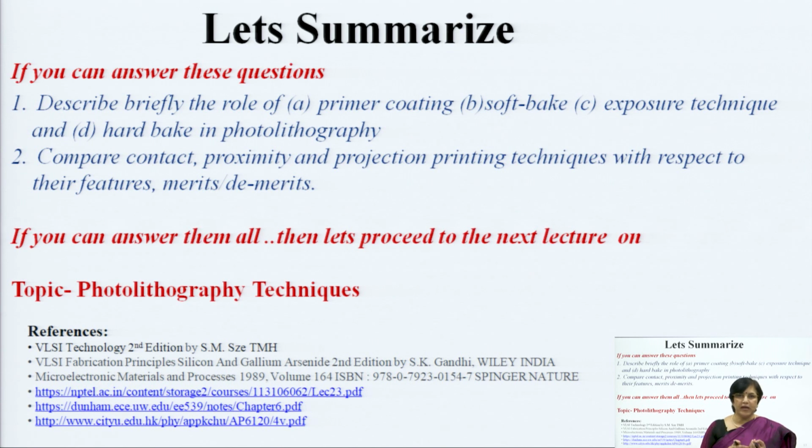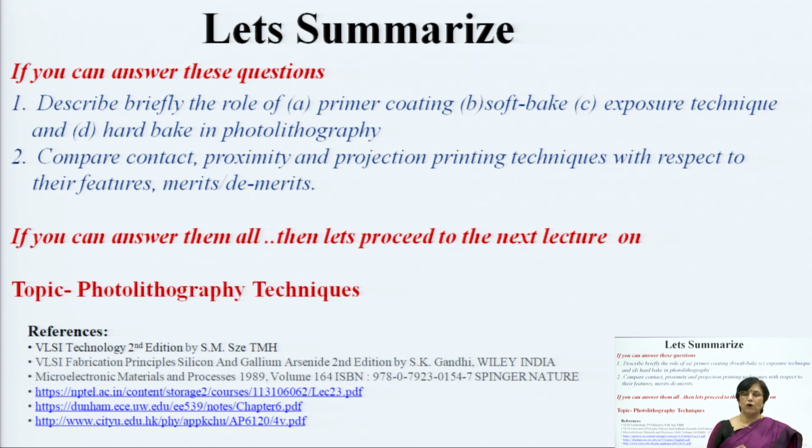So, this is how we have studied all the processes, starting from primer coating, then PR coating, then soft bake, then exposure, and in exposure we saw three basic exposure systems: contact printing, proximity printing and projection printing.